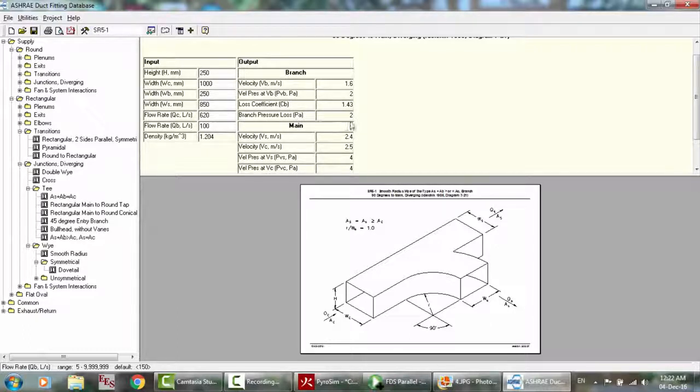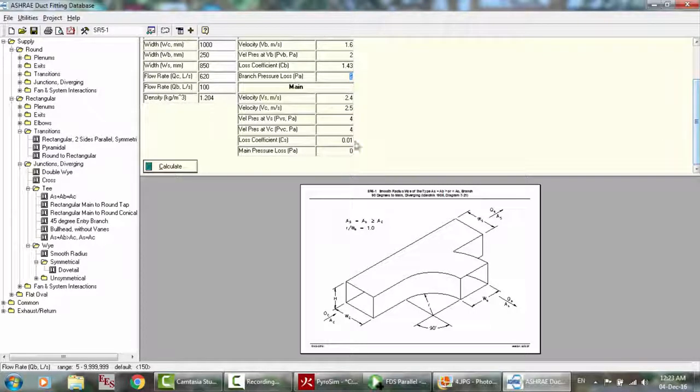Here the velocity pressure, VP, as I said, and the loss coefficient C, and here the branch pressure loss 2, and the main duct. Here the velocity and everything, and here the number. This is the important number. Here the main pressure loss is 0. So what is this?